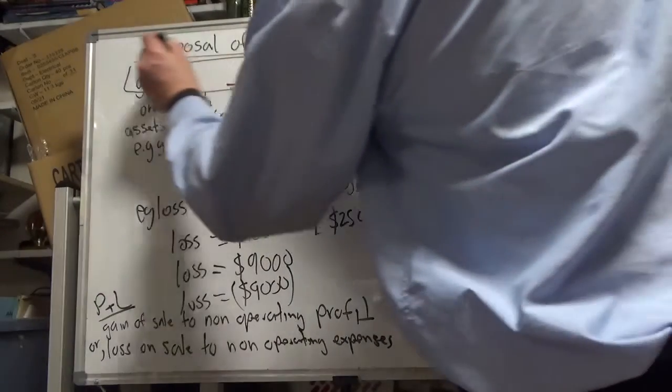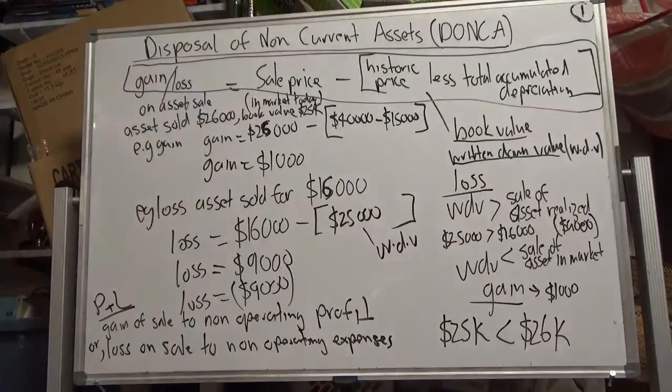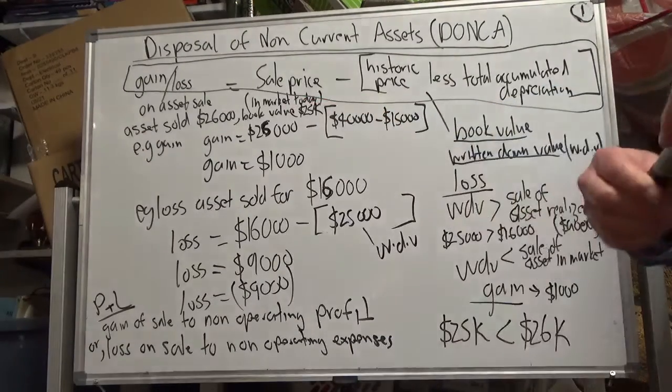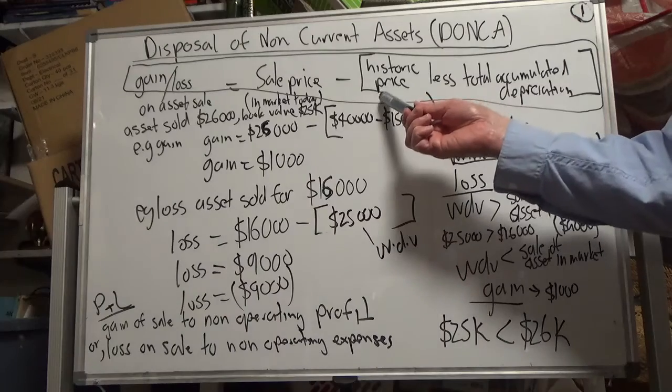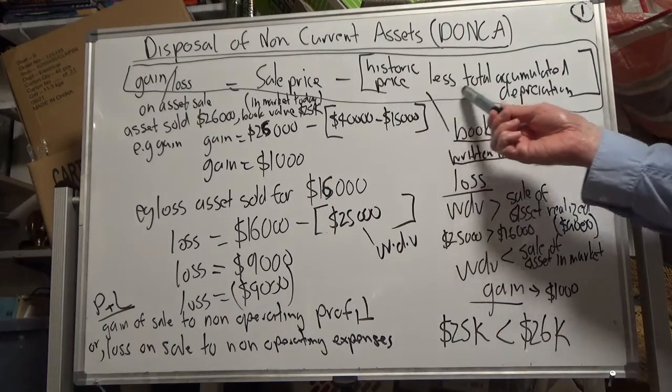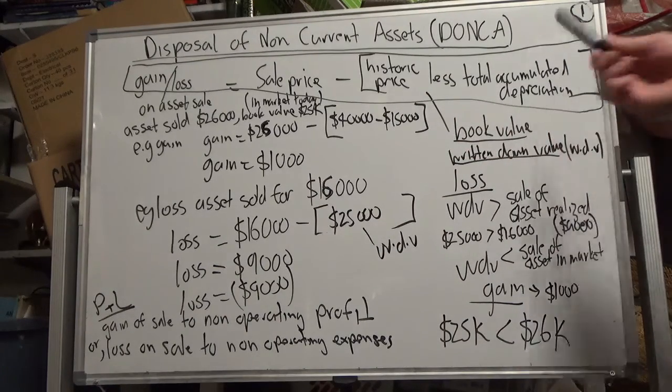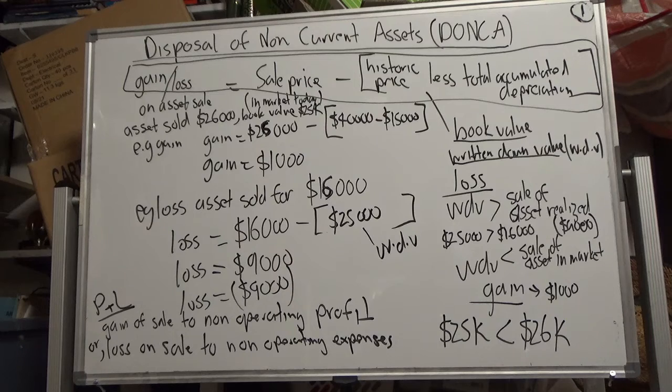Just reiterating that the gain or loss is equal to the sale price of the asset today minus the historic price, what you paid for it originally, less total accumulated depreciation, which is all your depreciation expenses in the timeline.